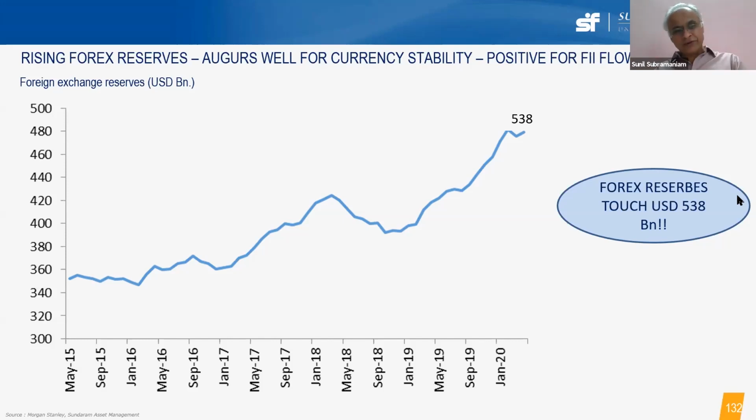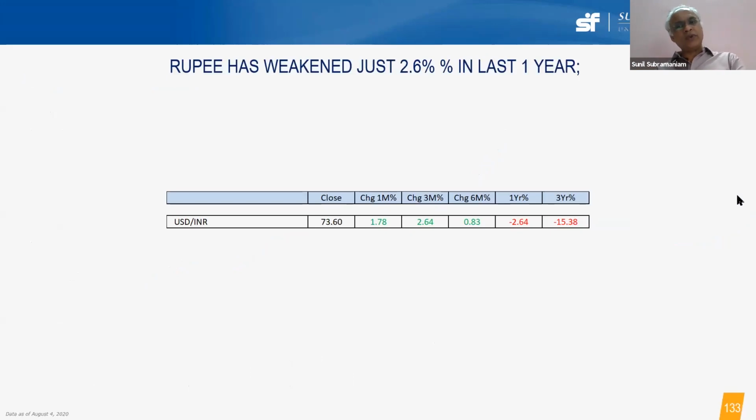All of this gave confidence to the FIIs. In the last 1 year, the rupee has weakened just 2.6%, and over the last 3 months and 6 months, it has shown a positive. So FIIs who invested in India post-April have not only seen a 2.5% currency profit in addition to the profit they saw in the stock market. So it's been a very double positive development.